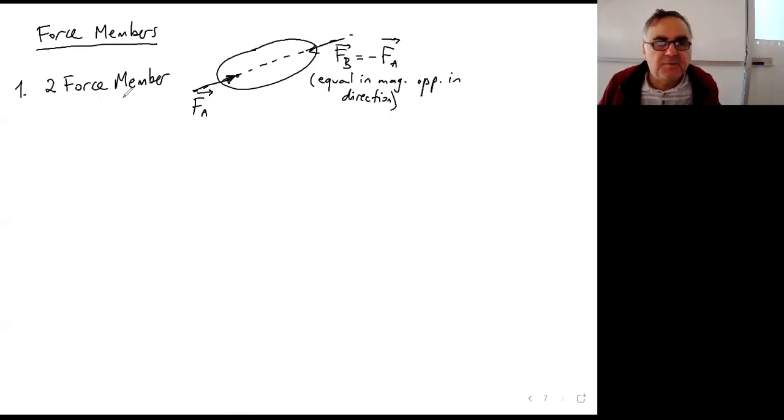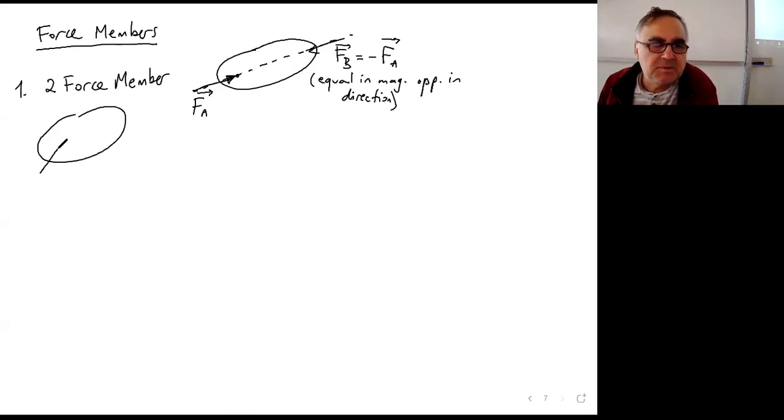You cannot have, for example, two forces that do not act on the same line and create an equilibrium on a rigid body. This is not possible. For example, this one and this one, FB. This is not a possibility because this cannot remain in equilibrium.